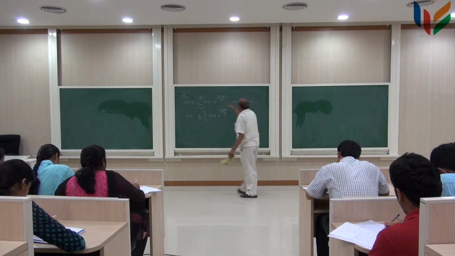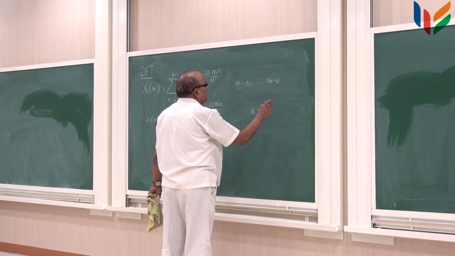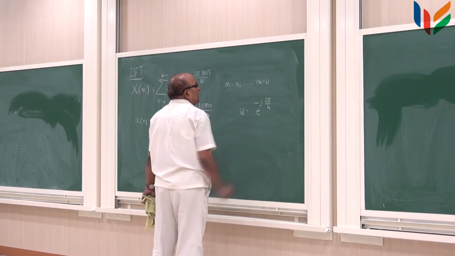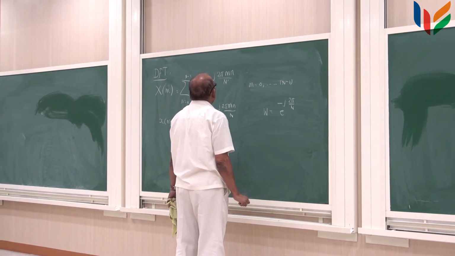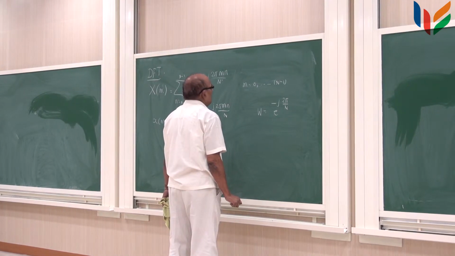We call this function W, equal to e to the power of minus j 2 pi by N. Right.